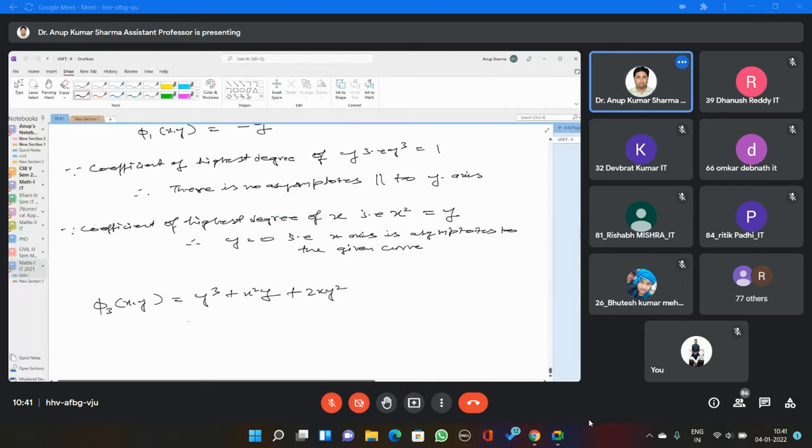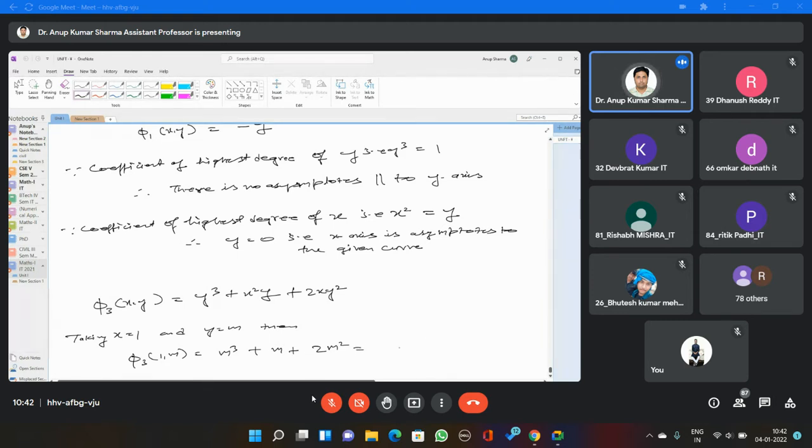Okay, so now taking x is equal to 1 and y is equal to m, then phi 3 of 1, m is equal to m cube plus m plus 2m square.